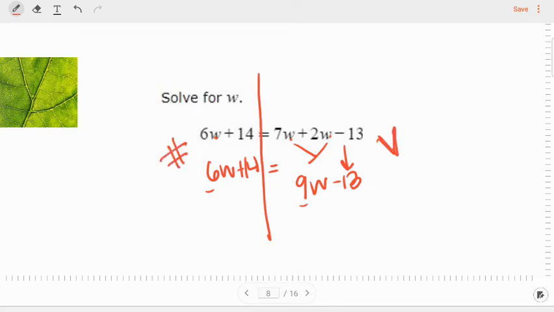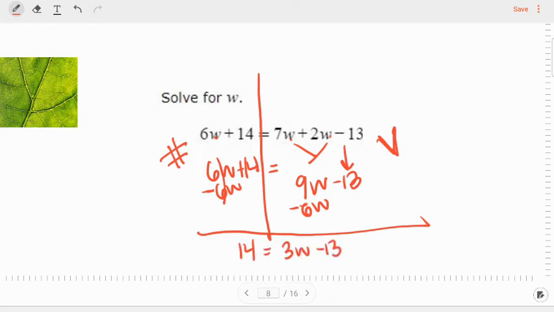So if the right side is my variable side, I don't want plus 6w, so I'm going to minus 6w. Notice that I'm putting the w on top. I'm stacking the w's. I'm not putting 6w over here underneath the 13. So I'm going to total everything up. That's gone. I am left with 14 is equal to 3w minus 13.